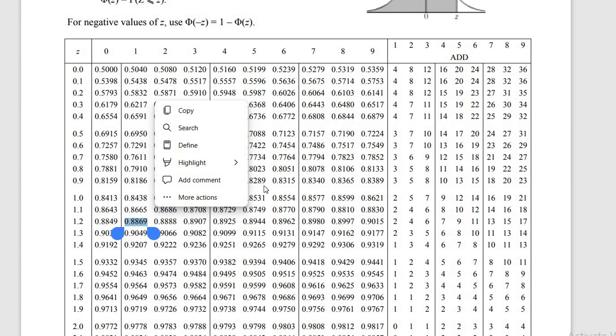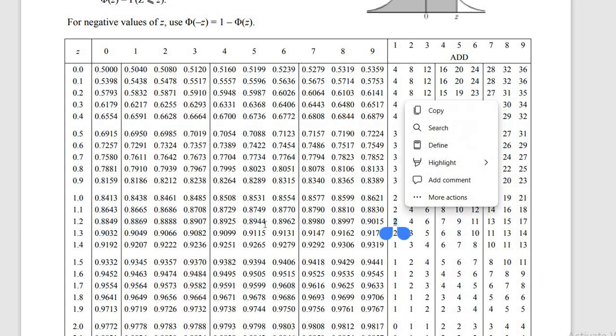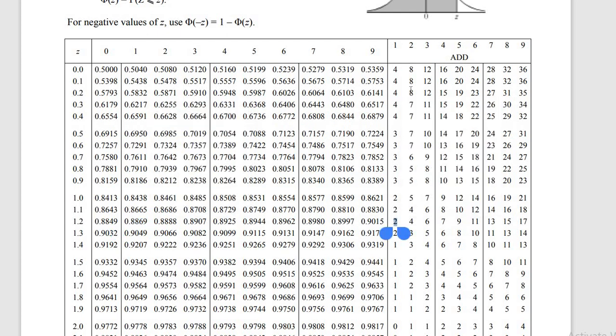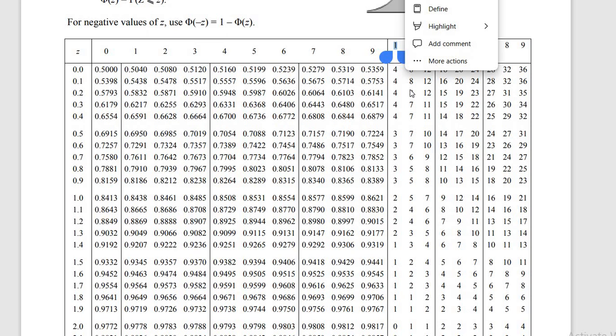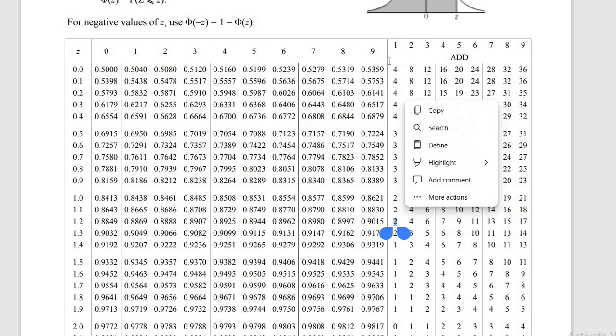That is 1.2 under 1. And there's still one more at the back. The last one at the back, you trace it to the additions here.